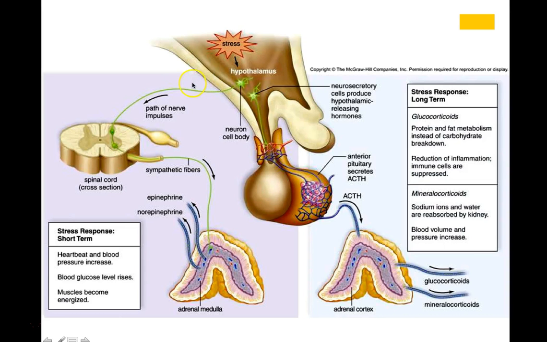This is a motor neuron, by the way, that sends an impulse over to our spinal cord, where we will have some cell bodies located, but it'll go through the spinal cord and continue on down over to the adrenal medulla. Once it synapses within the adrenal medulla, it is going to allow epinephrine and norepinephrine to enter circulation.